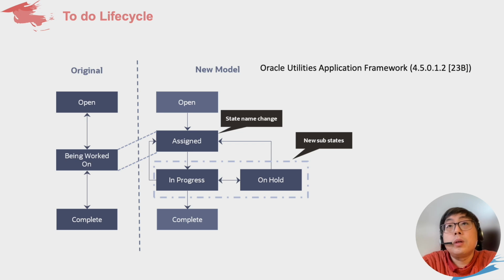So on the right-hand side, it gives a bit more flexibility. Say if the issue has been on hold, it will move to on hold. Then it can be seen in a better way for reporting and for governance.